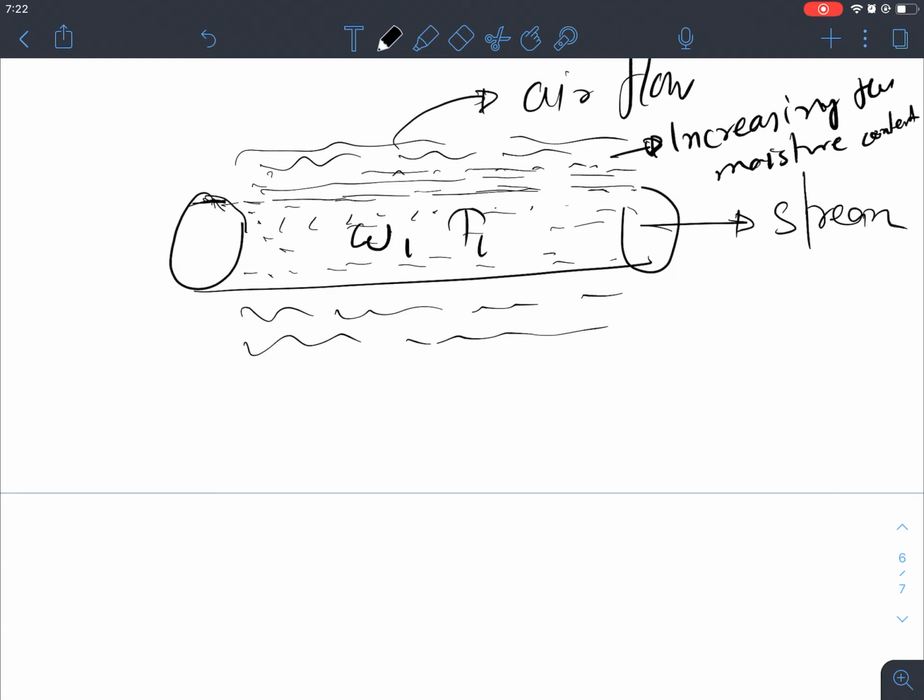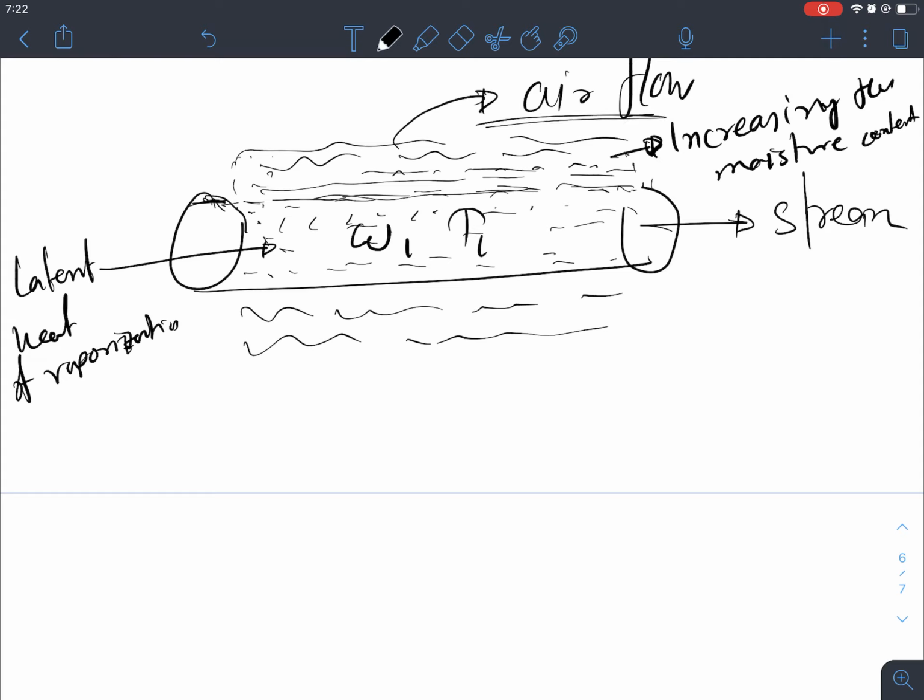Now this water is absorbing the latent heat of vaporization and becoming vapor, and that vapor is mixing with this airflow, right?